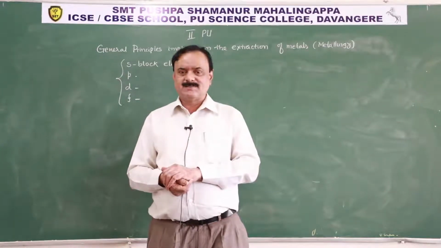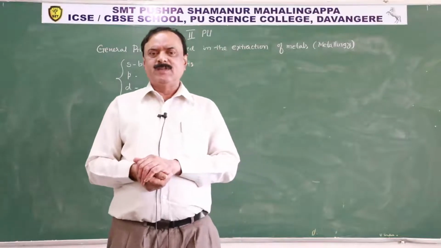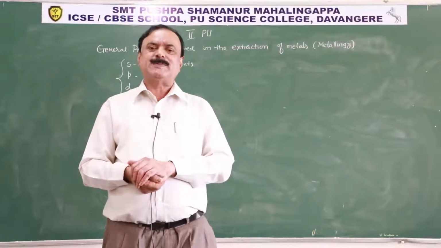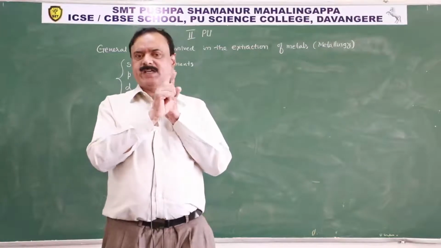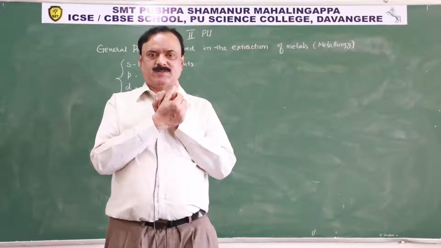What are metals? If any element is said to be a metal, it must satisfy certain characteristic properties. First characteristic property, it must occur in solid state at lab temperature.